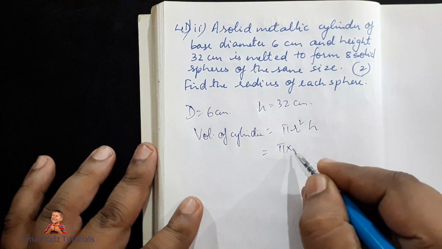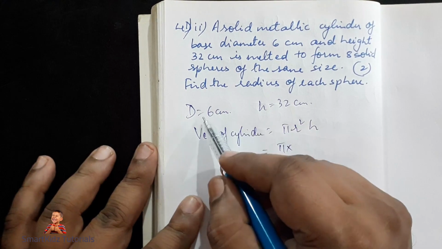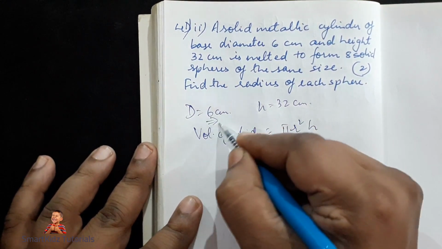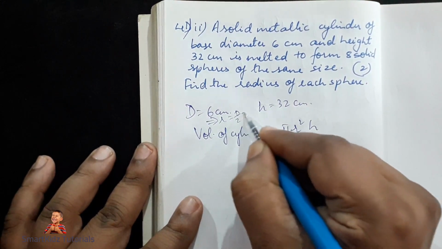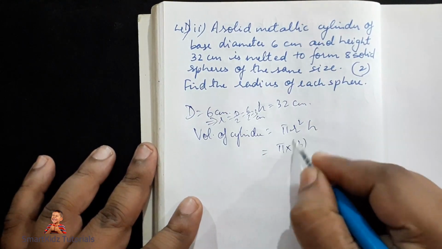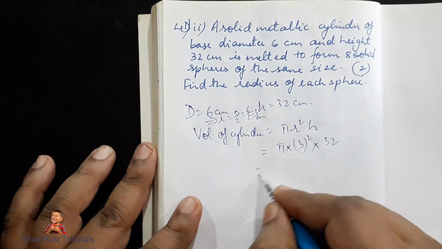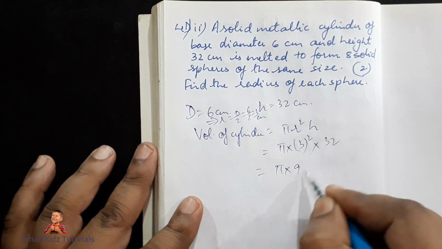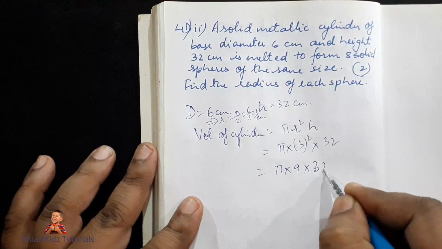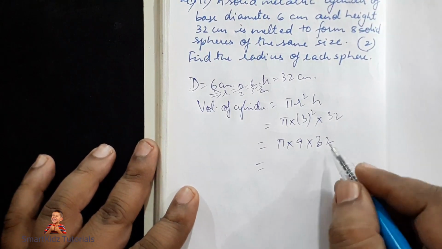The diameter is 6, which means the radius is d upon 2, which is 3 centimeters. So pi into 3 whole square into 32, so pi into 9 into 32, and we'll leave it at that.